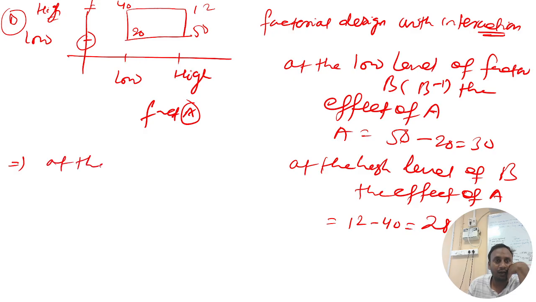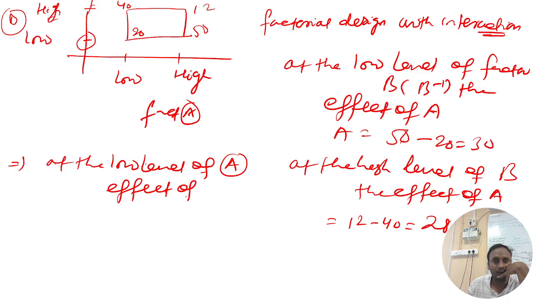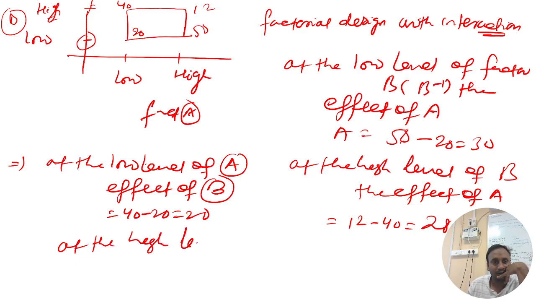Or one more case. At the low level of A, what will be the effect of B? 40 minus 20. It becomes 20. At the high level of A, the effect of B will become 12 minus 50.